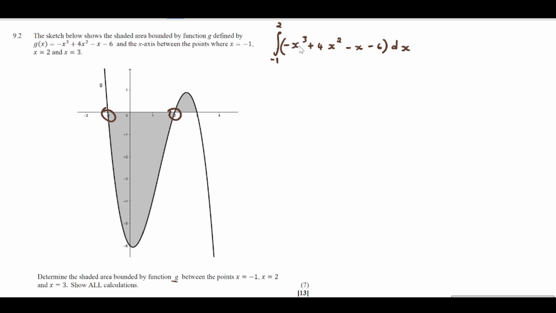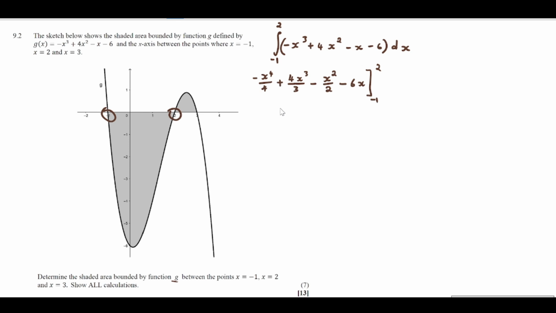So the integral of negative x cubed is going to be negative x to the exponent of 4 divided by 4 plus the integral here is going to be 4x to the exponent of 3 divided by 3 minus the integral here is going to be x to the exponent of 2 divided by 2, and the integral there is going to be minus 6x, and you are integrating this between 2 and negative 1.